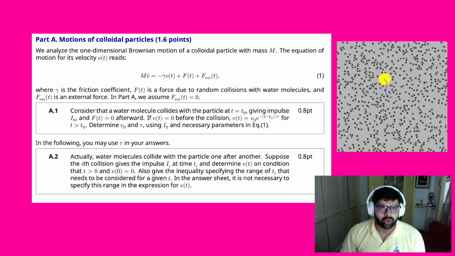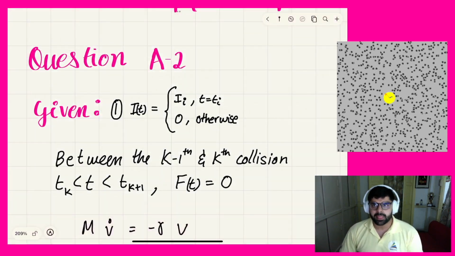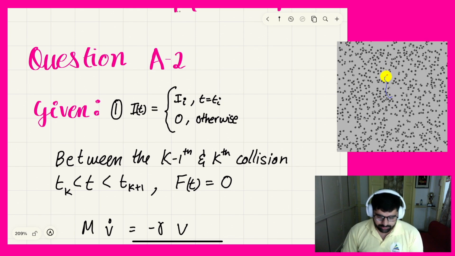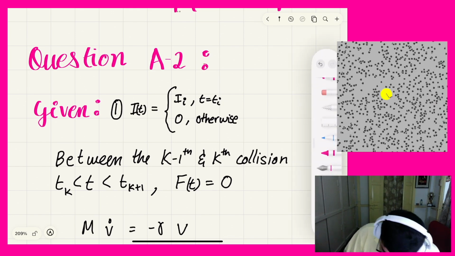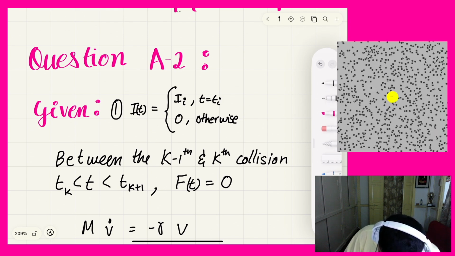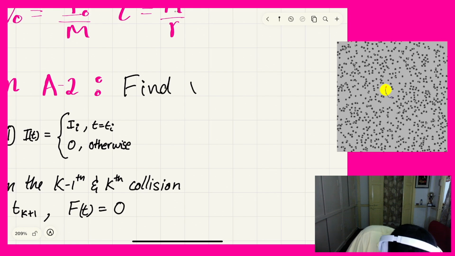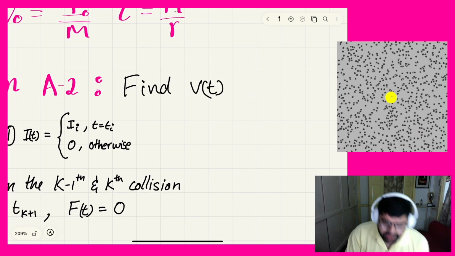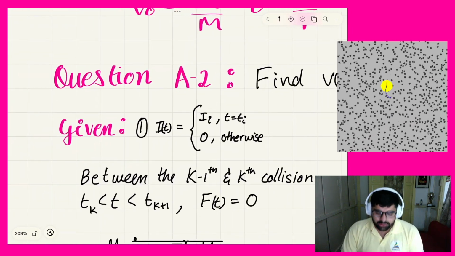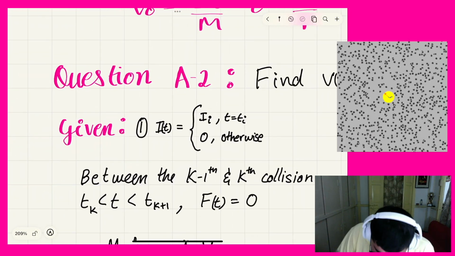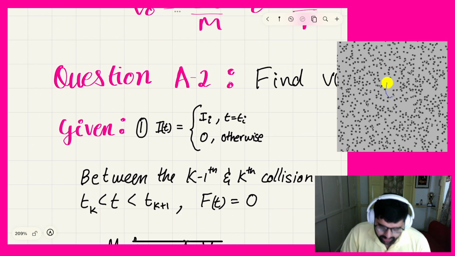So to attempt a solution of this question, the question asks to find an expression for v of t. And we are given I of t is Ii when t is equal to ti and 0 otherwise.